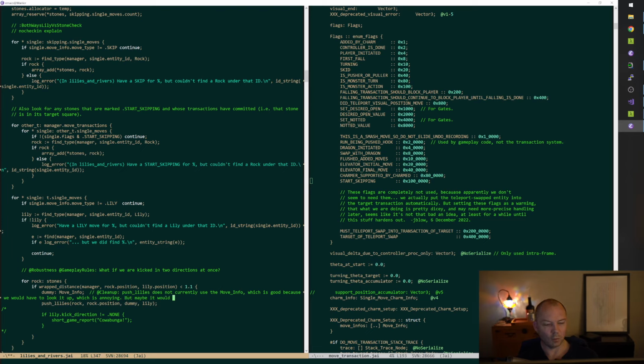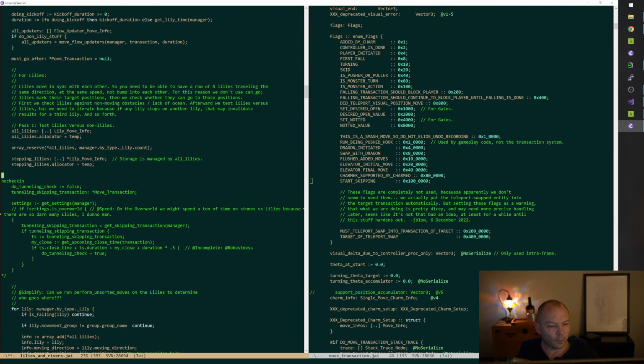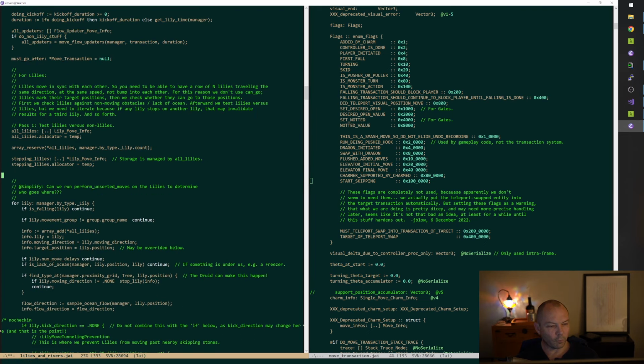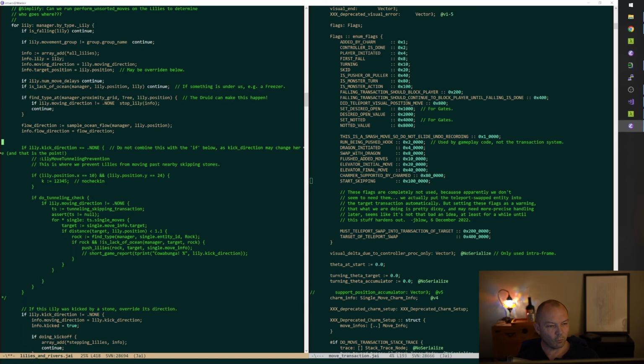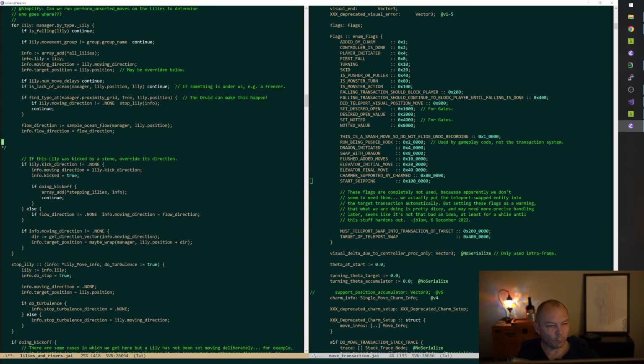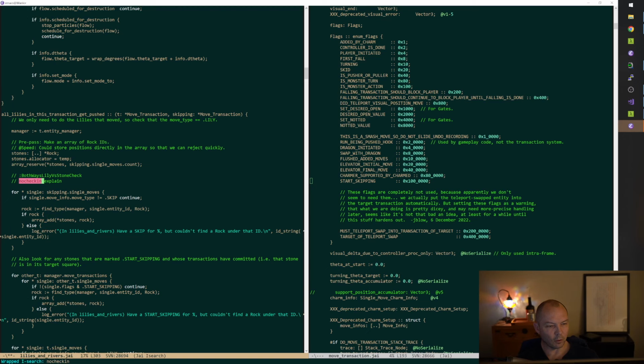But maybe it would be more robust for push lilies to use that input instead of rock that direction. Okay, so delete this stuff. It was a good first attempt at the problem, but then again, it wasn't that good.